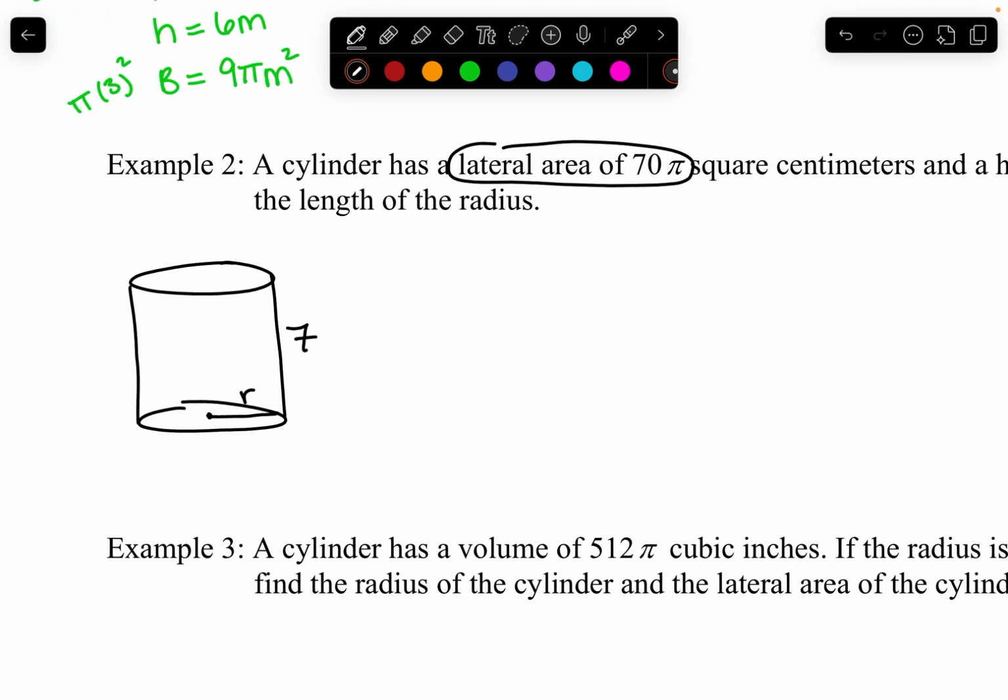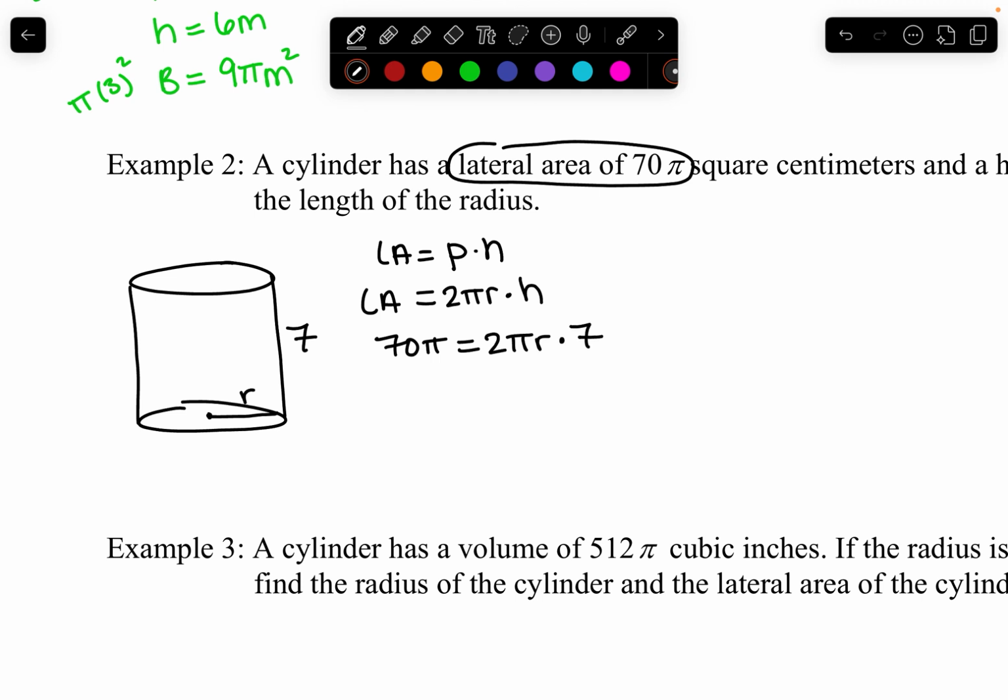So just as a reminder, lateral area is P times H, but I need us to be more specific. P stands for the perimeter of the base, but our base is a circle, so that's really 2 pi r. And then I've got to multiply that by the height of the cylinder. All right, so lateral area is 70 pi, and then I am just going to plug in what I know over here.